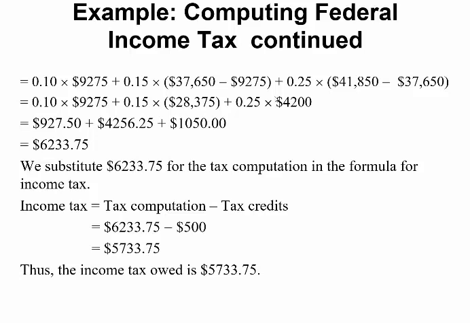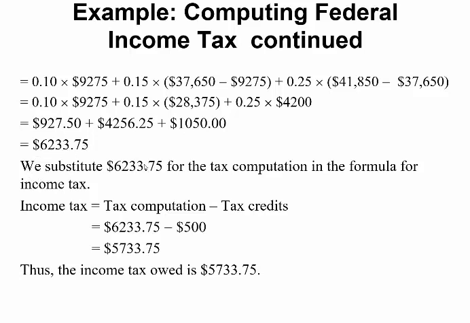Just multiplying each of these, 10% of $9,275 is this amount. 15% of this is $4,256.25. And 25% of this is $1,050. If you add all these up, this woman would owe $6,233.75.